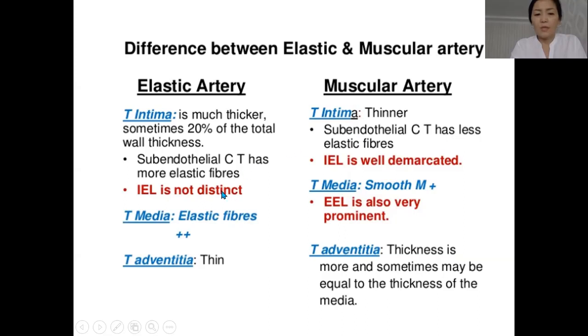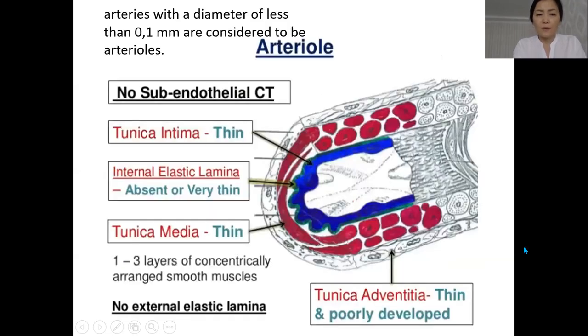Tunica media consists mainly of elastic fibers in elastic artery. In muscular artery, tunica media mainly consists of smooth muscle cells, plus external elastic lamina is also very prominent. Tunica adventitia is thin in elastic artery, but thick in muscular artery. These are the main differences between elastic and muscular artery.